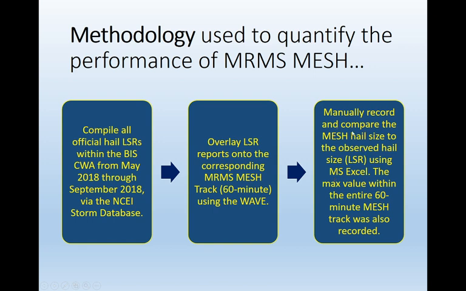Anyways, and then my last step was to manually record and compare the MESH hail size to what was actually observed at the ground via the LSR. And then I kept track of everything in Microsoft Excel.